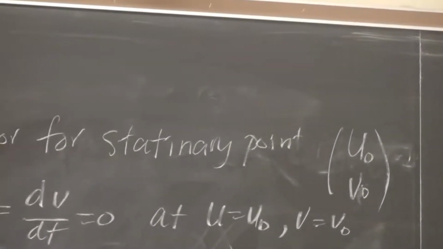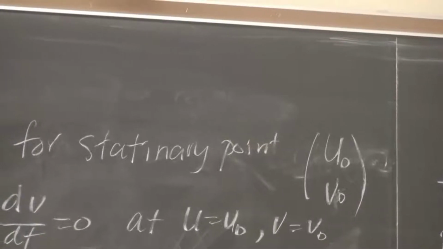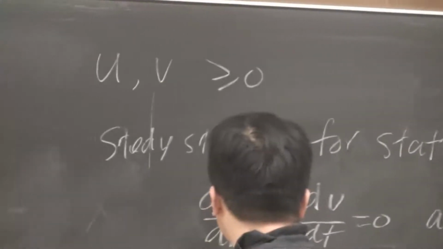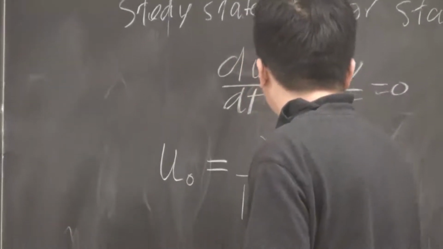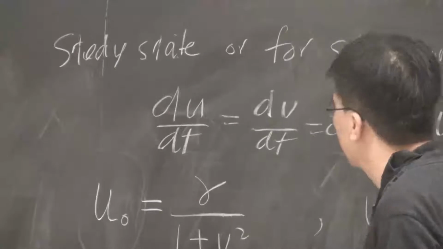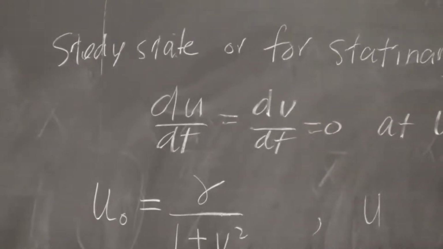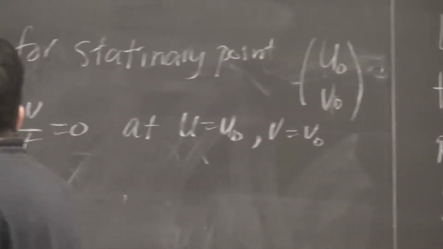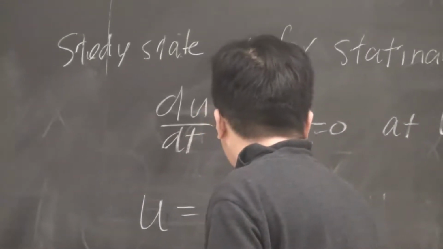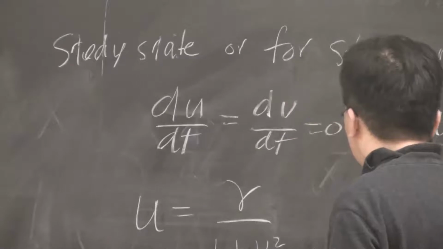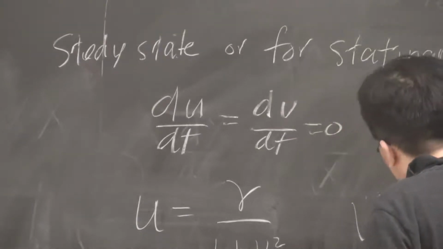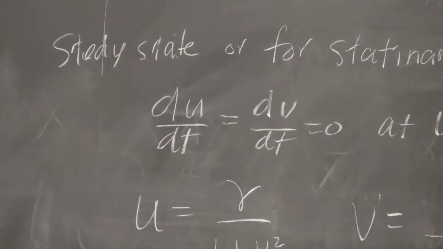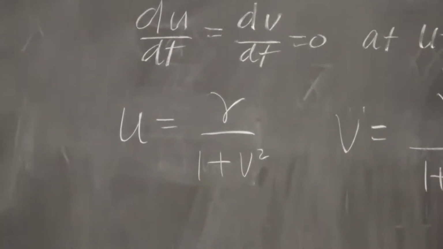So this means that U0 is equal to. So in the steady state, for the stationary points, these two equations will be satisfied, right?